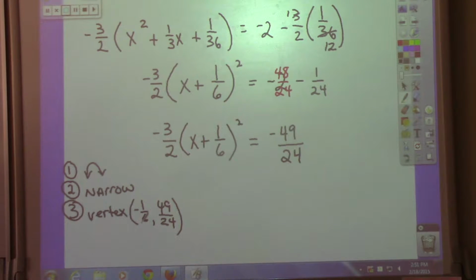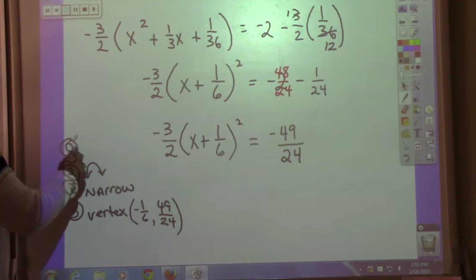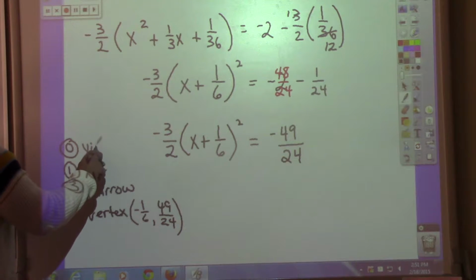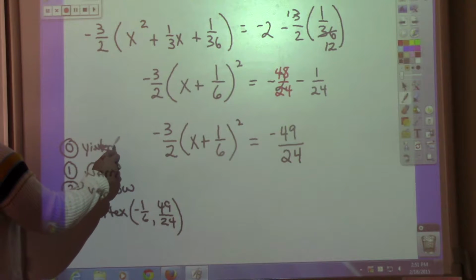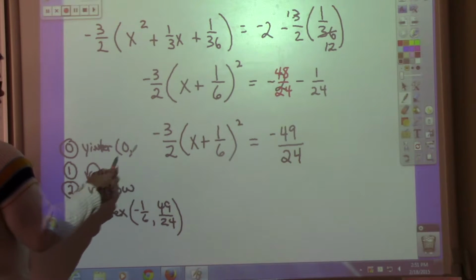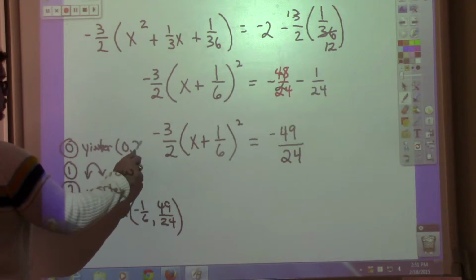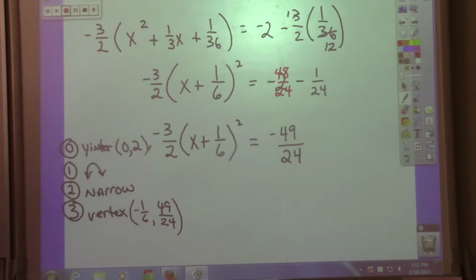What else do we know? We already know the y-intercept, somebody tell me that's 0. The y-intercept is what? I don't know what the original was. Y'all help me out. 0, comma, 2. Is it 2? All right. So now we've got a good bit of the drawing.